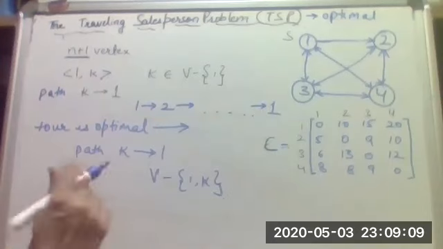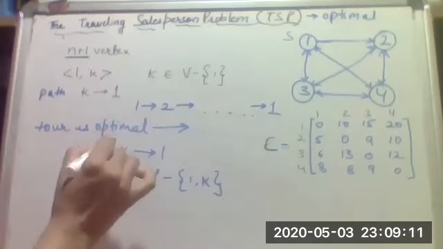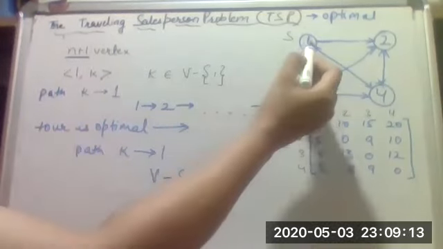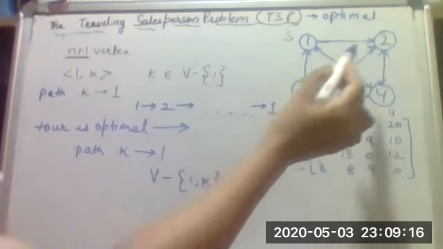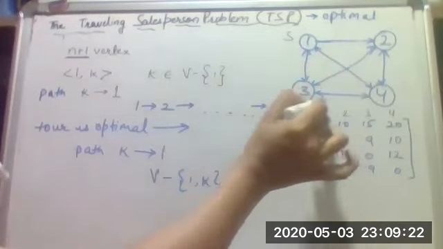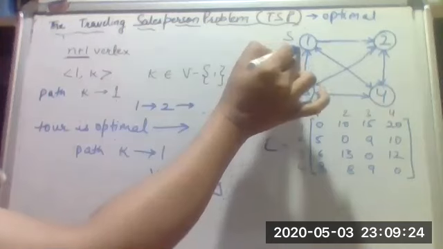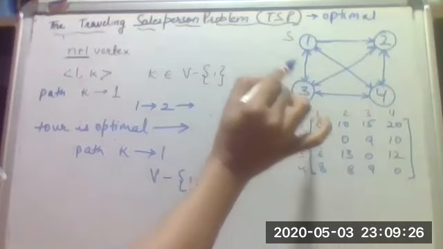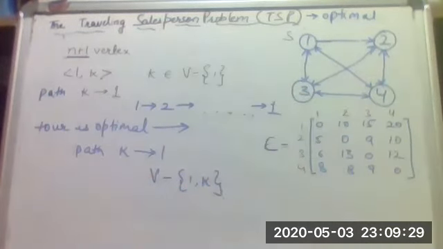So what does it mean? That the tour is optimal if we are choosing some k vertex, and that k vertex has an optimal path to 1, taking into account all the other remaining vertices.